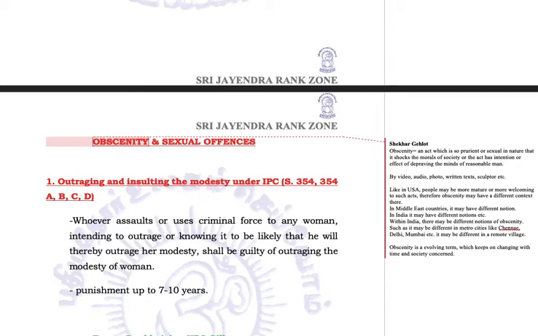Now let us see again. Whoever assaults, like we have discussed, whoever uses such words or behaves in such a manner. Assault and battery we discussed in law of tort.